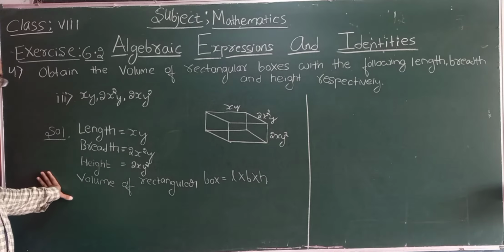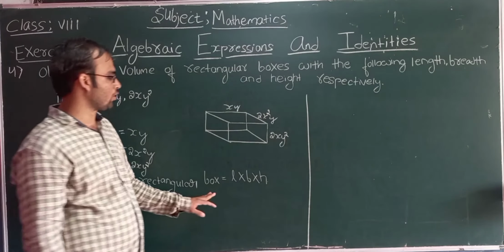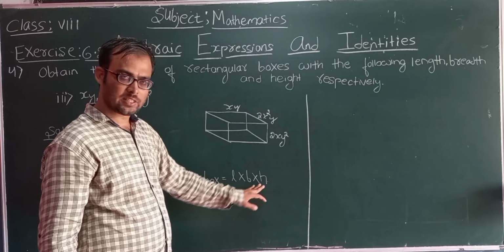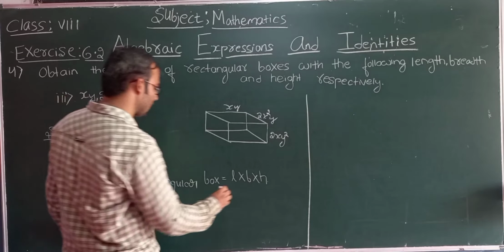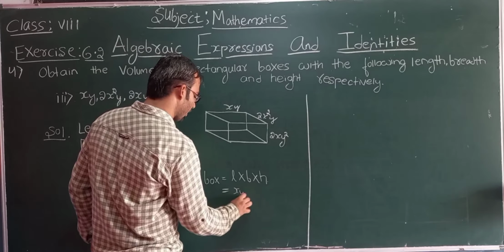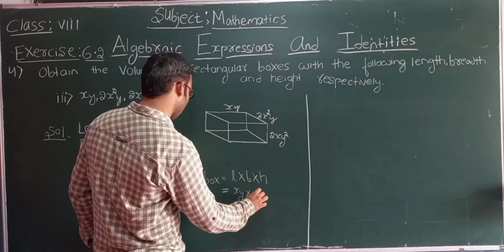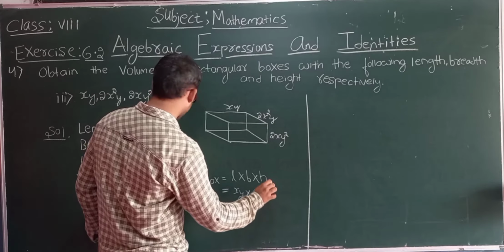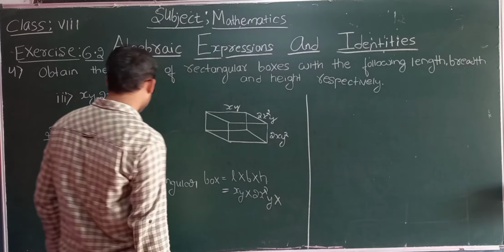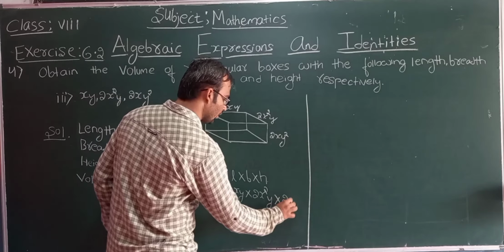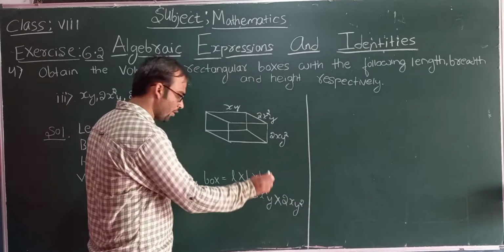Now we need to find the volume. So volume of the rectangular box is L into B into H, that is length into breadth into height. Length is xy, breadth is 2x square y, and height is 2xy square. You can rewrite this.